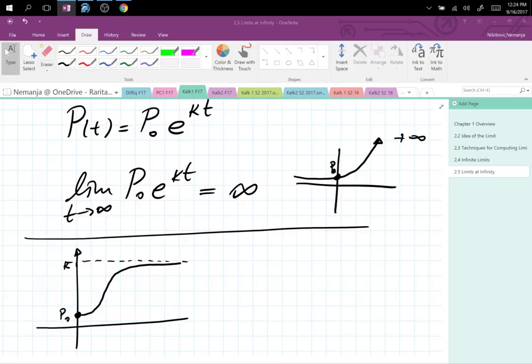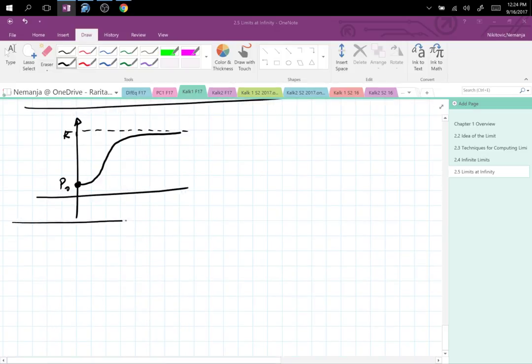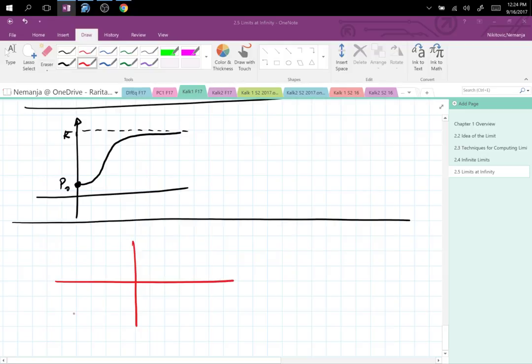Oh, before I go any further, this thing pops up over and over, and I'll do it in blood. The inverse tangent graph looks like this, and it's bounded by negative pi over 2 and pi over 2.